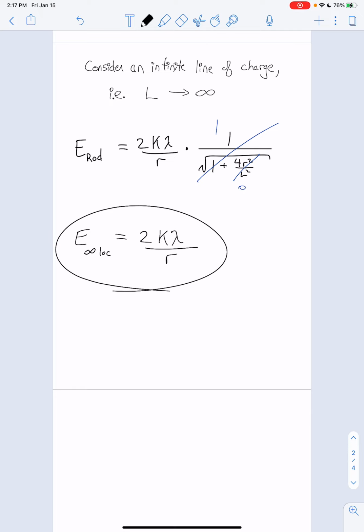And that's much, much simpler. What we see from that equation is that it really just depends on the charge density and the distance away. Interestingly, it's not the distance away squared, it's just the distance away. That's because you've got contributions from all these distant points along that infinite line of charge that are always coming into view and playing a role in the overall electric field at that point.